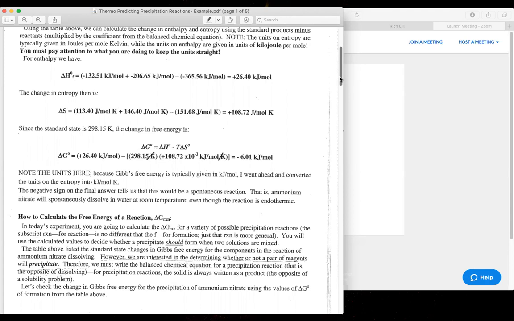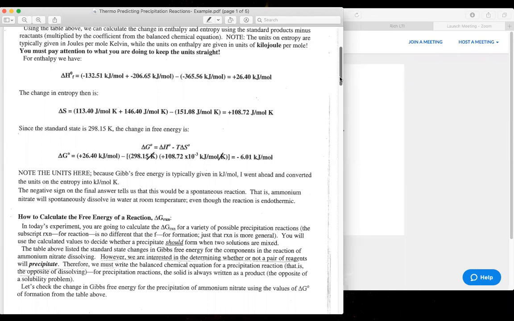When it is solid, it's assumed to be 1, so it's just 1 over the concentration of silver ion times the concentration of chloride ion. Product over reagent. The solid is understood to be only 1.